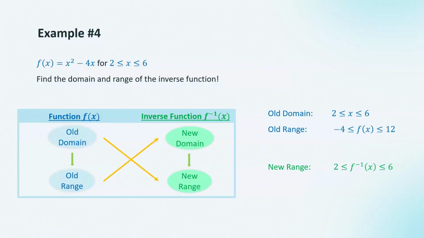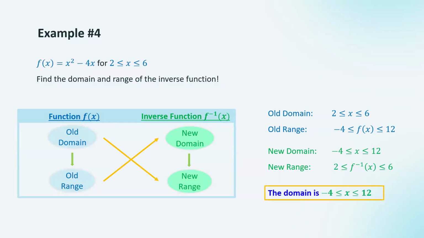Simple, right? And for the old range, it's going to be the new domain. So now you just have to switch the f of x with x. So now we have the domain and the range of the inverse function. So there you go. The domain is from -4 to 12, and the range is from 2 to 6.